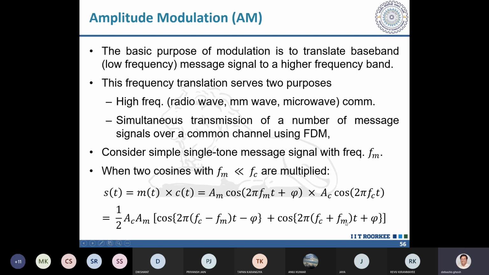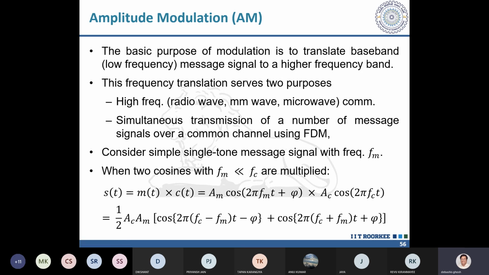Now you see how after multiplication my frequency has translated. fm was my message signal, and that message signal has now been translated to one frequency, fc minus fm, and to another frequency, fc plus fm.